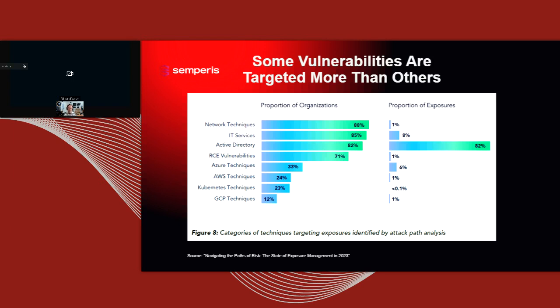For example, 88% of organizations have some kind of vulnerabilities susceptible to network techniques, or 71% for RCE vulnerabilities. 82% of orgs have vulnerabilities associated with Active Directory, and at the same time, 82% of those exposures are responsible for breaches. So that's a pretty strong correlation between Active Directory vulnerabilities and breaches.